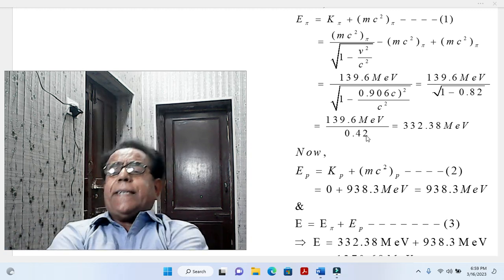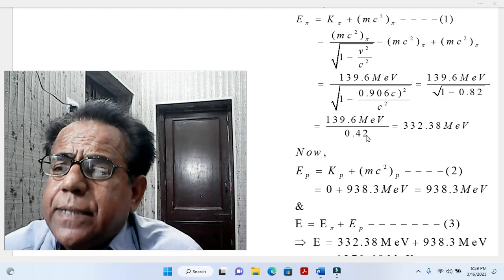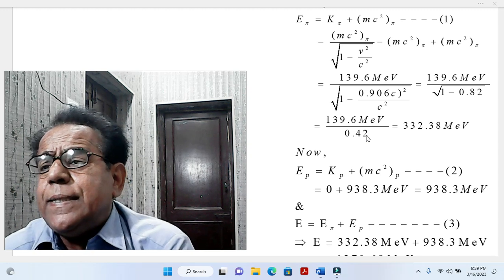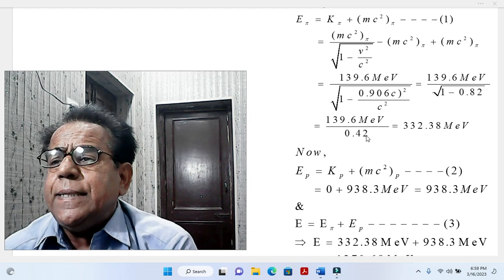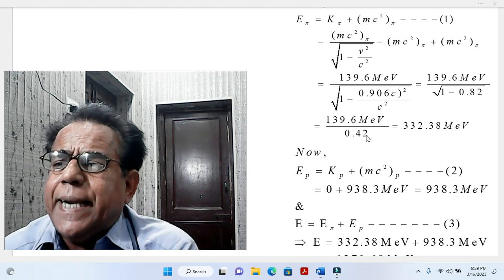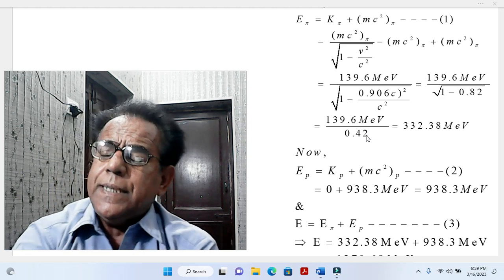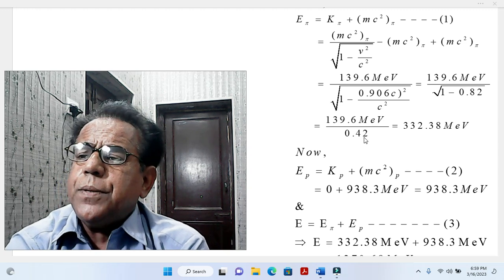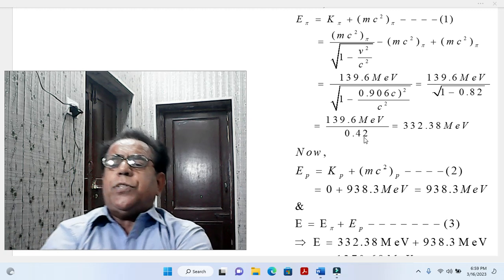Dear students, here we have made two steps simultaneously. 1 minus 0.82 means 0.18 will remain, and the square root of 0.18 will be equal to 0.42.